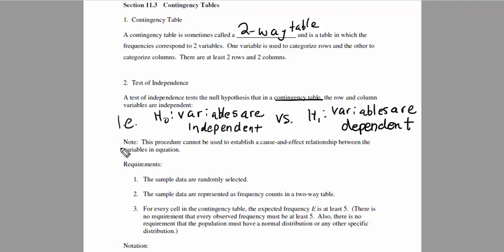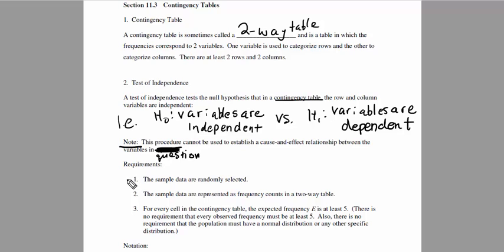And please note that this procedure cannot be used to establish a cause and effect relationship between the variables in, oh boy, that's supposed to say in question, not in equation. All right, so the variables in question. So again, correlation never implies causality. So that's all that sentence is here to say.